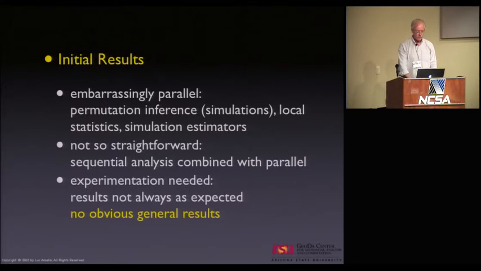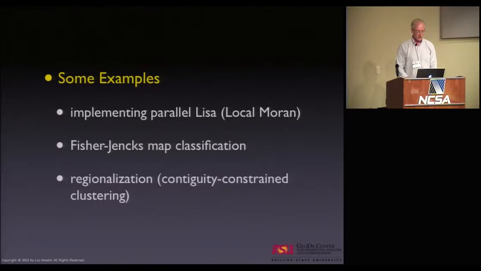But it gave us some expertise that we can now scale up to some of the other problems. So we have done quite a bit of work on the local Moran, parallelizing that. Rob reported on map classification yesterday. We're working on regionalization, contiguity constraint clustering methods, and some of the simulation estimators that I mentioned.